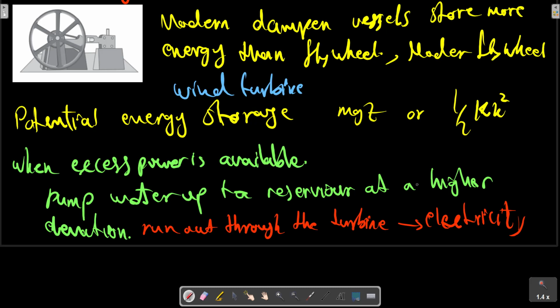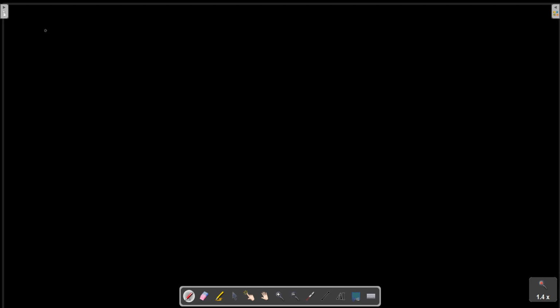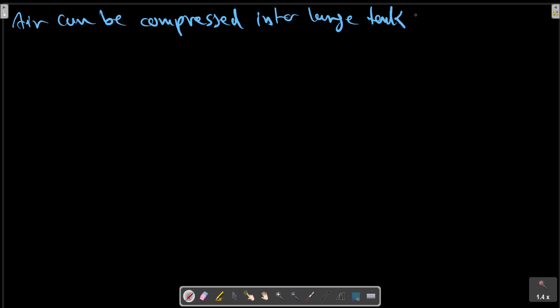The other ways of power storage or power conversion: air can be compressed into large tanks or volumes using power during a low demand period.